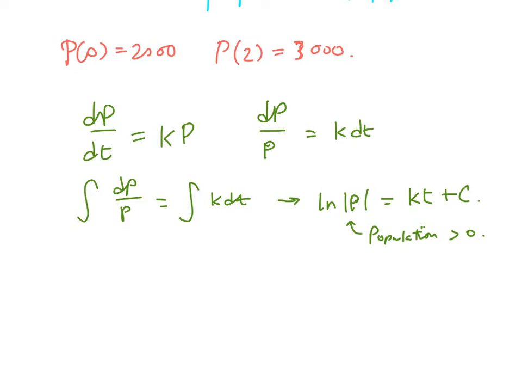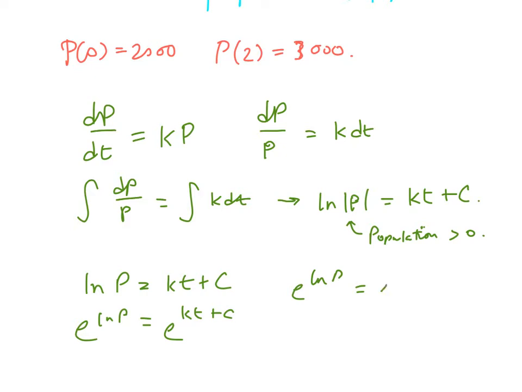Okay, so I know that the natural log of p is equal to kt plus c. And so I know that e to the natural log p is equal at all times to e to the kt plus c. So again, separating off that right side into 2 separate factors, e to the kt times e to the c, I'm going to get population at time t equal to some constant, a.